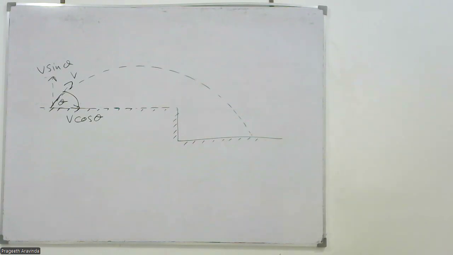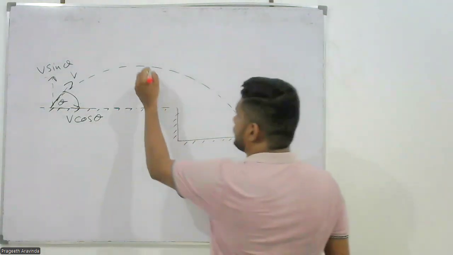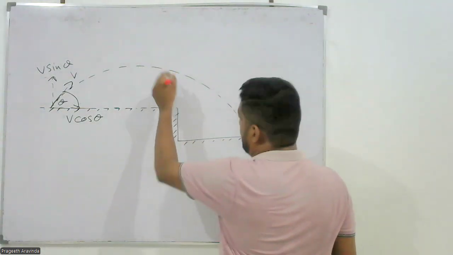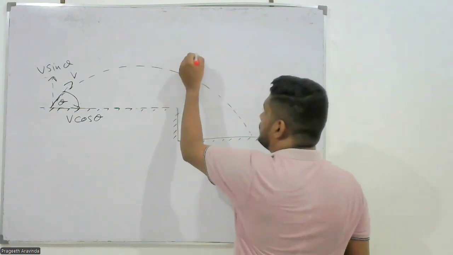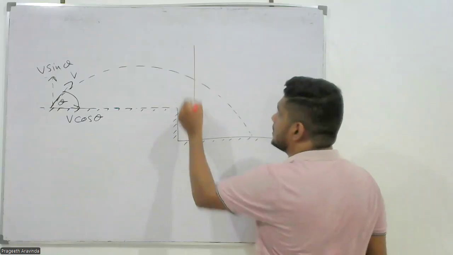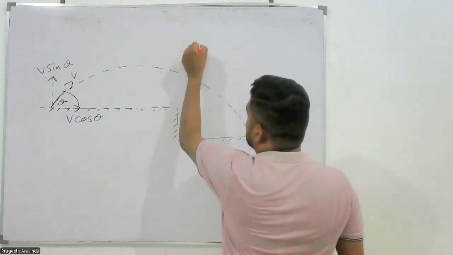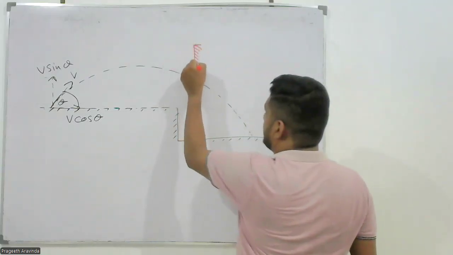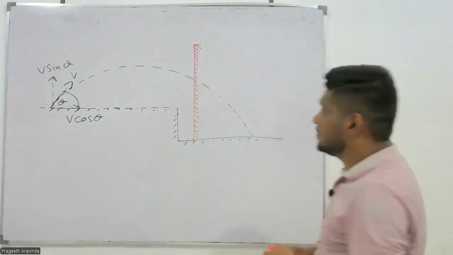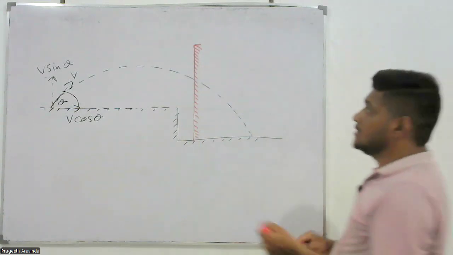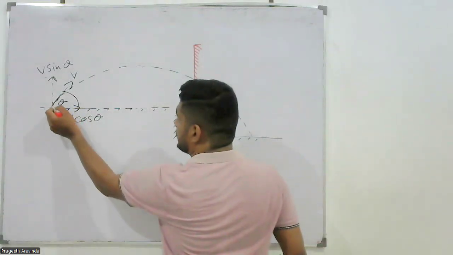Right? So what if there is some obstacle, no, not an obstacle, just think that you throw something from a height like this. So what happened? Right? So it will move like this.